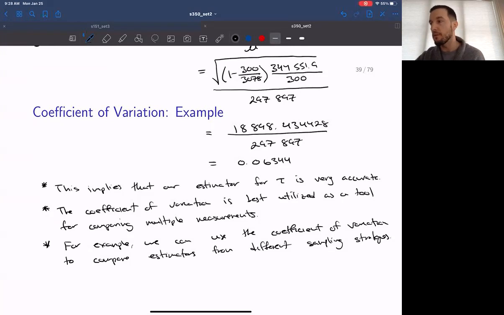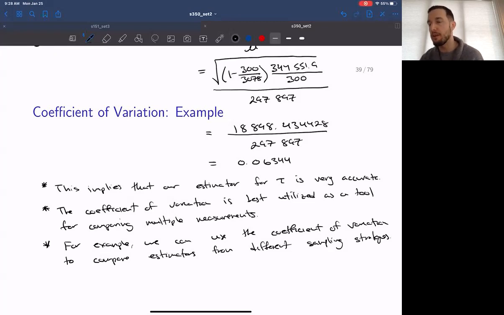Well, given that I've used the stratified approach, is this a better approach than if I just did a simple random sample? One of the ways that you could answer that question is by comparing the coefficient of variation for the stratified estimator to the coefficient of variation for the simple random sample estimator. Now the CV becomes a tool for saying, well, the SRS estimator is actually more accurate than the stratified estimator because its value is closer to 0.